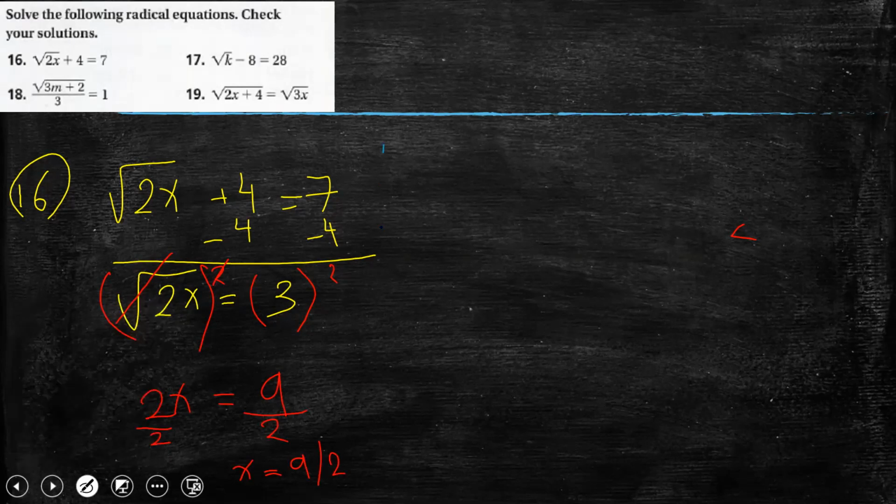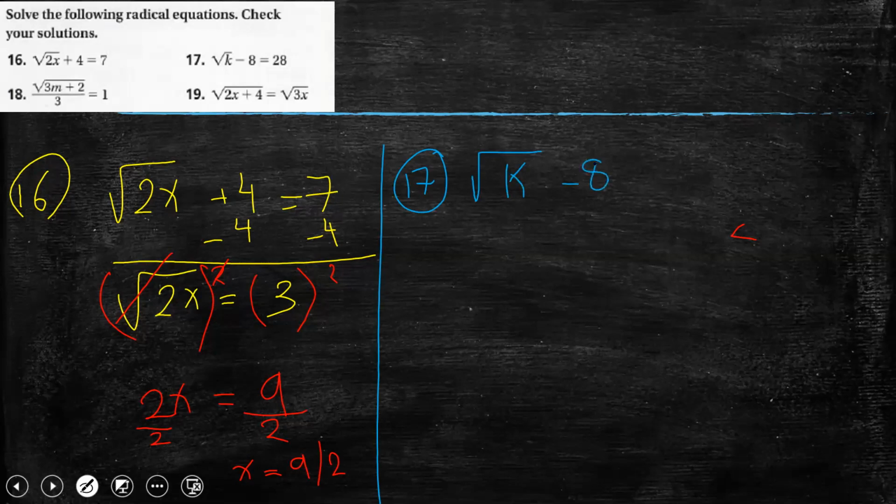Now let's solve number 17. Square root of k minus 8 equals 28. What do you have to do here? Plus 8 on both sides. Bravo. So square root of k is 28 plus 8, which is 36.